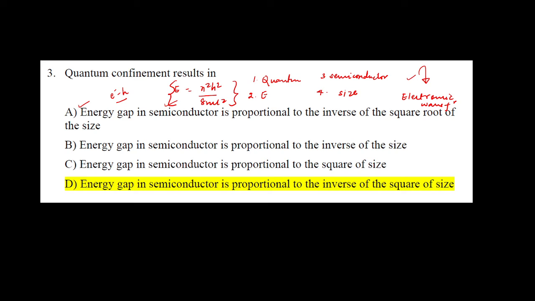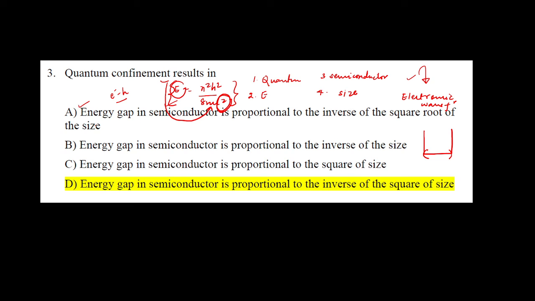What we have to figure out is the relationship between the energy and the size of the system. What you can observe here, for electronic wave function or for electrons, is that energy is inversely proportional to the square of length. Length means size of your system if it's one dimension. So energy is inversely proportional to the square of the size of the system.